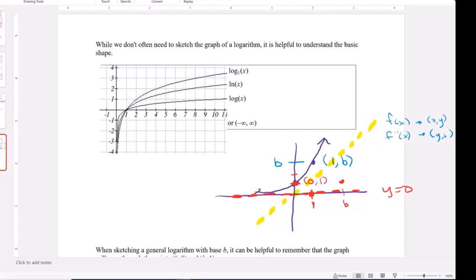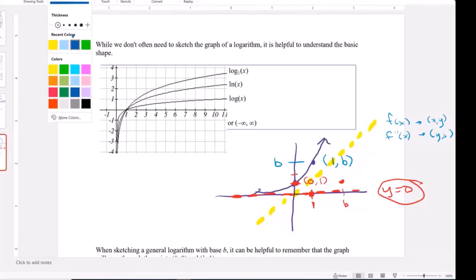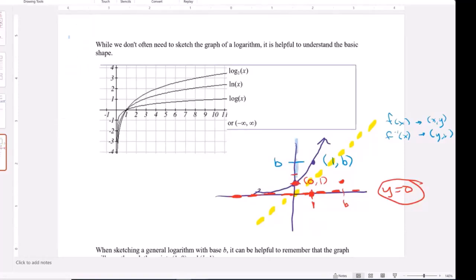If I have an asymptote at y equals 0 for my exponential function, I have a vertical asymptote at x equals 0. Let me write for exponential.